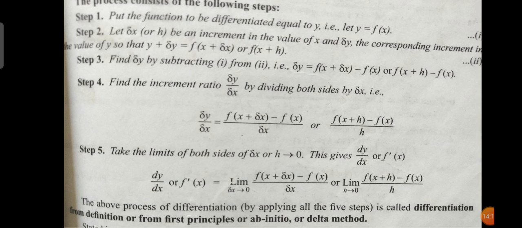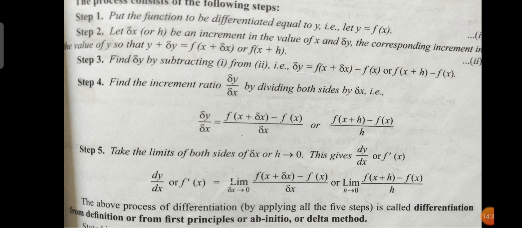Then dy by dx can be calculated. These are the steps to find differentiation. The limit as h tends to zero of f of x plus h minus f of x by h is the important definition, the main definition of differentiation.